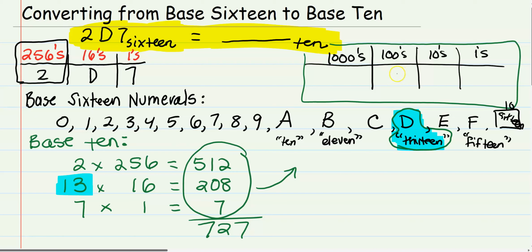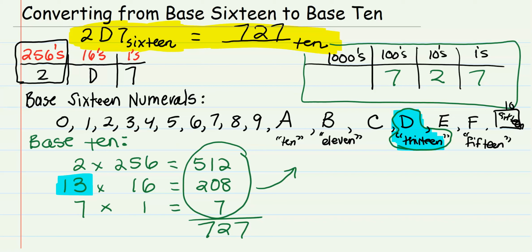So in base 10, you have 700, 2 tens, and 7 singles. Therefore, our number 2D7 in base 16 is equal to 727 in base 10.